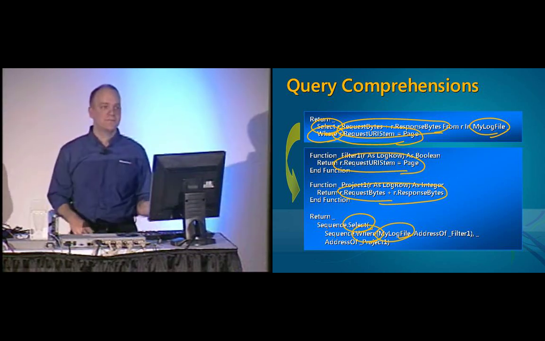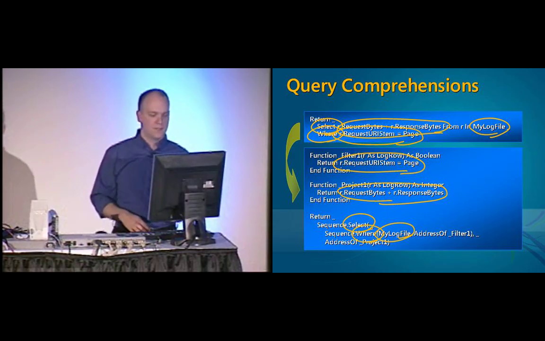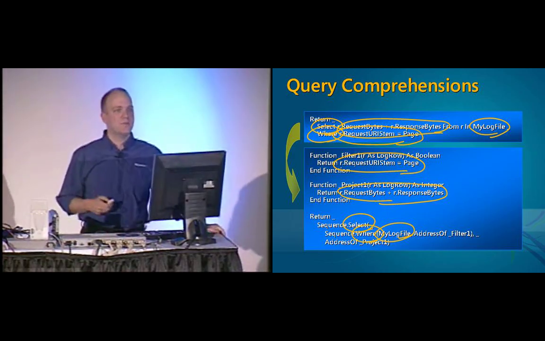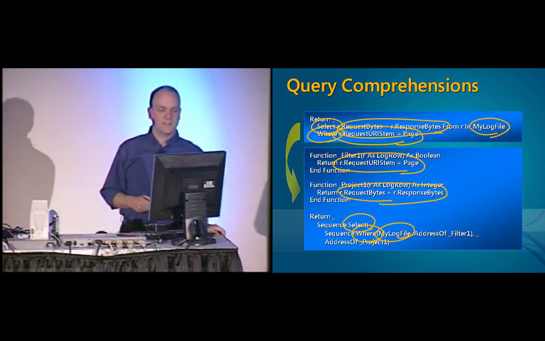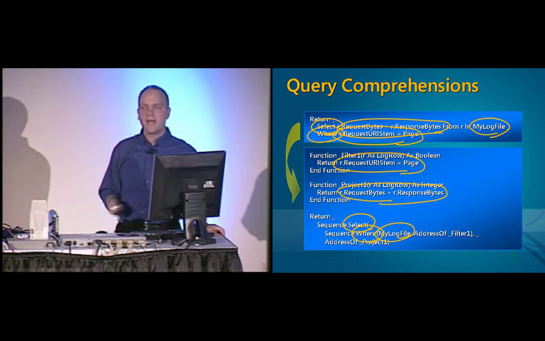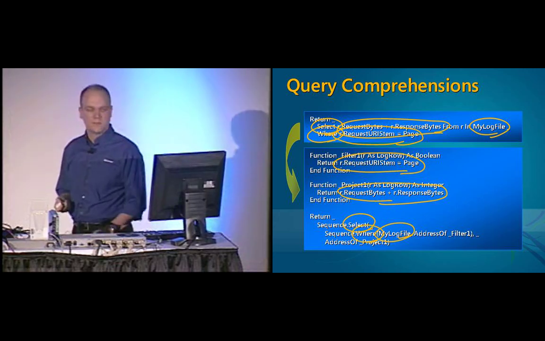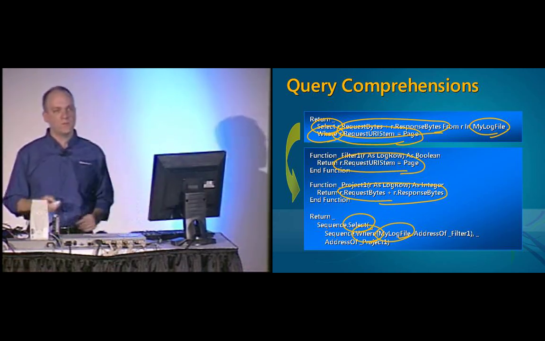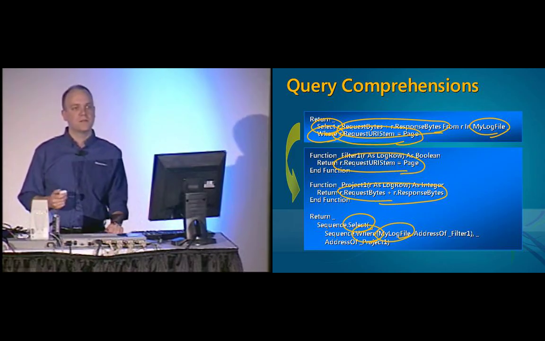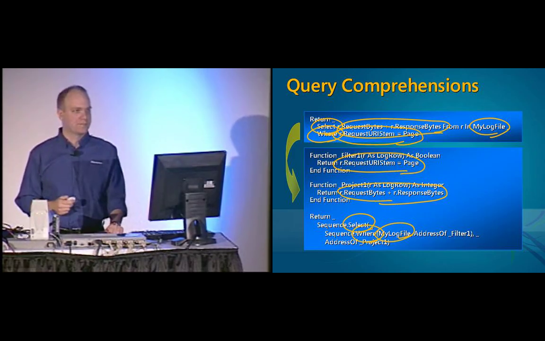So we have here the data source. And that becomes the input to a call to one of the standard query APIs. So we start with the where clause. That turns into a call to Sequence.Where, which is the where provider for regular objects.